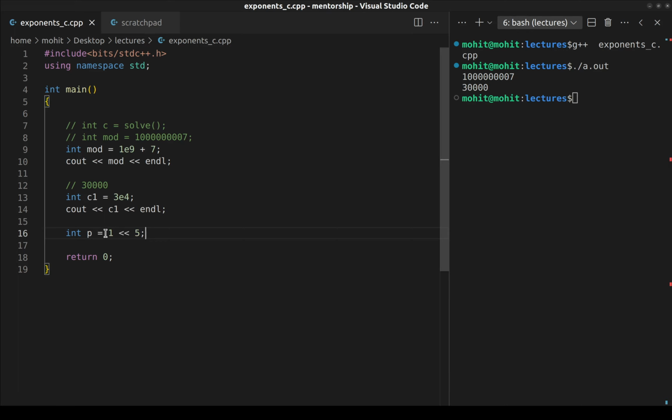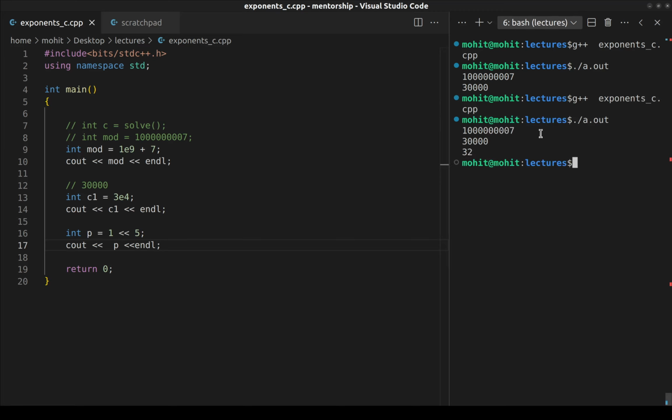What this will do is raise 2 to the power 5. We will print this and see. So 2 to the power 5 is 32, and we can see that this is printing.